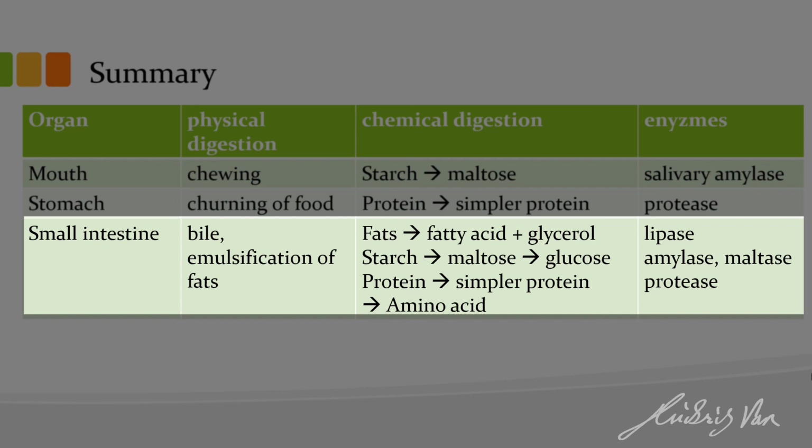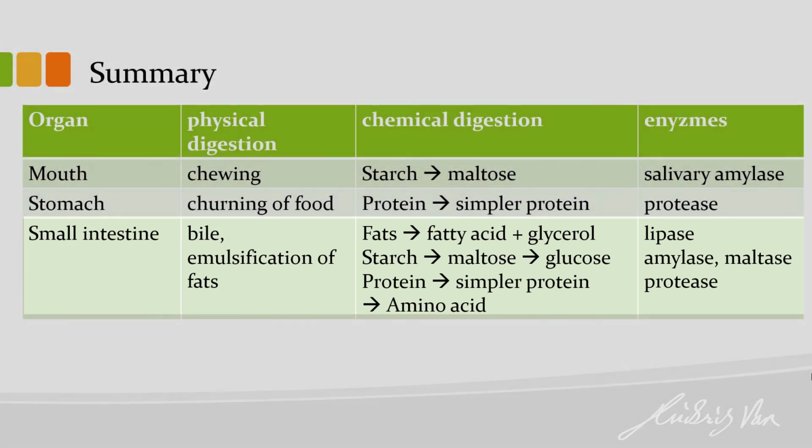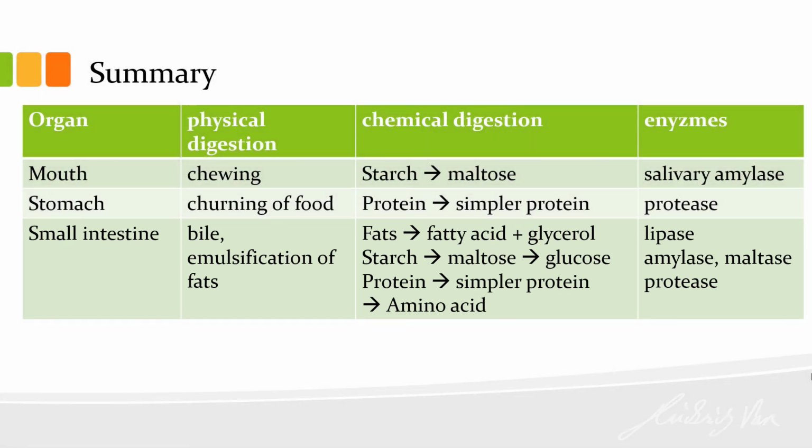Finally, protein is digested by protease into simpler protein, and because the small intestine is long, there's enough time for more protease to convert the simpler protein into amino acid. So please copy down this table. I think it's a very useful summary. And that will be all.